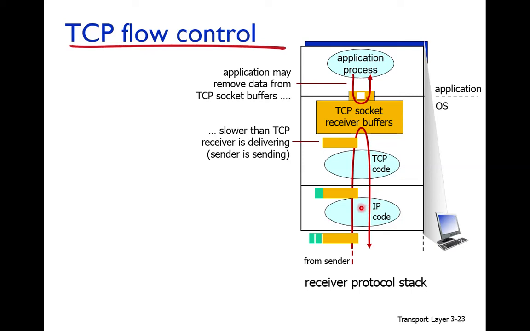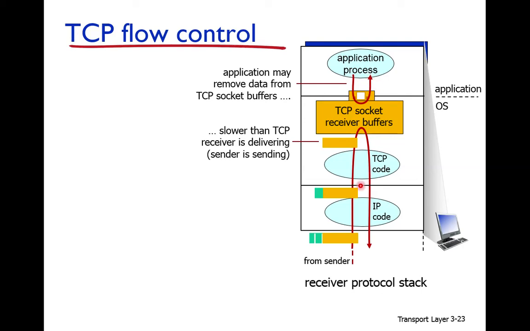The IP passes this data to the transport layer, TCP there, suppose. So here the TCP receives the data. If the data is in order and correct, then that data is stored in the buffer, and from this buffer the application reads the data.